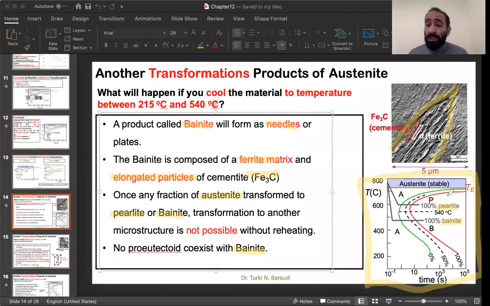And also, in terms of the TTT diagram, we have an additional curve. We're going to continue the curve as you see here, where if you hit the green curve, you start the transformation from austenite to bainite, and then the dashed line is 50%, and then 100% will transform to bainite.